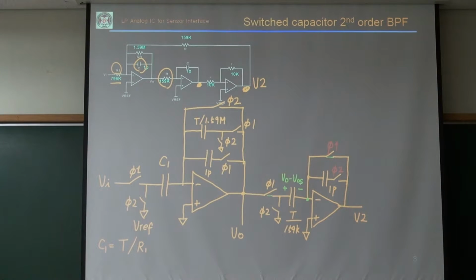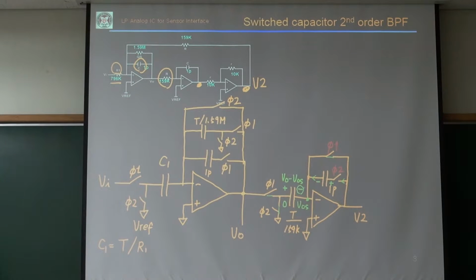And during phi 2, say this switch is on, so this amount of charge, this minus charge will be transferred to here. There will be some positive charge developed here because the same current flows, right? Yeah, this voltage will remain at the VOS, and this voltage will remain at 0.